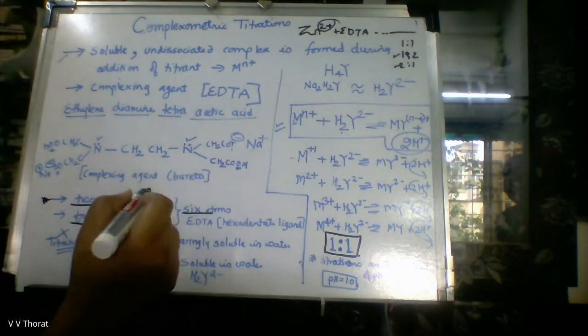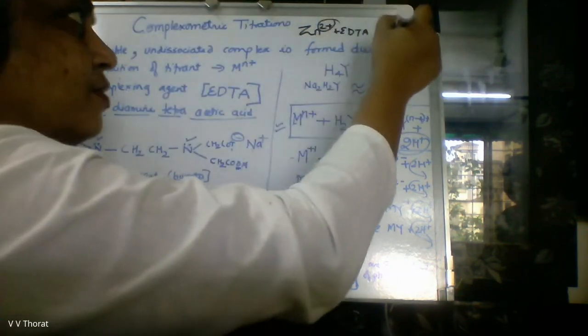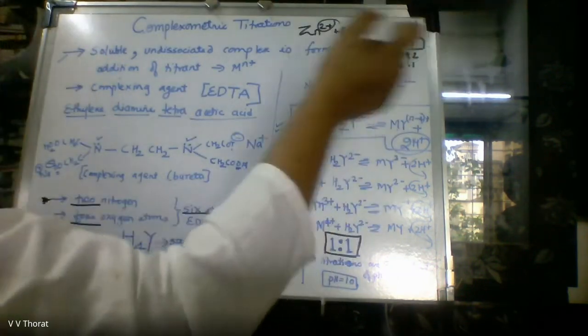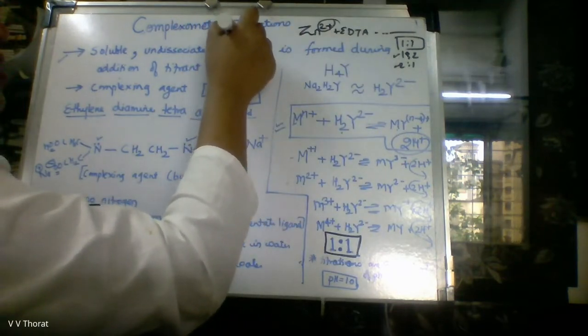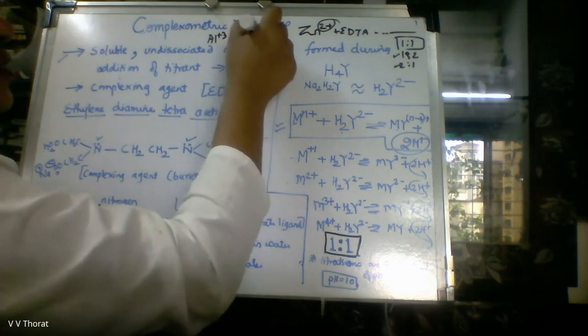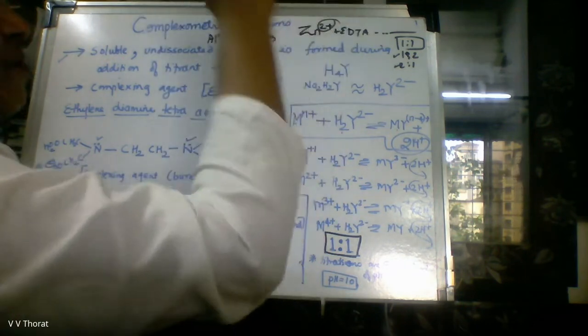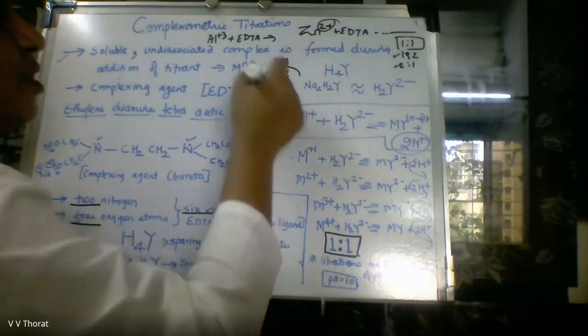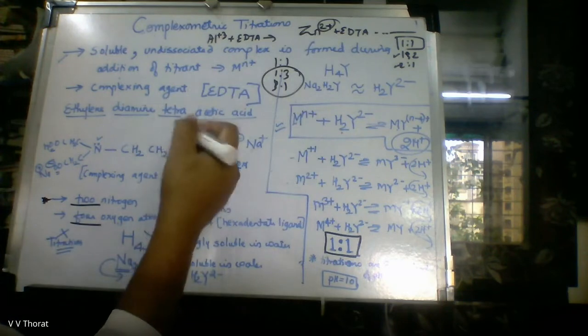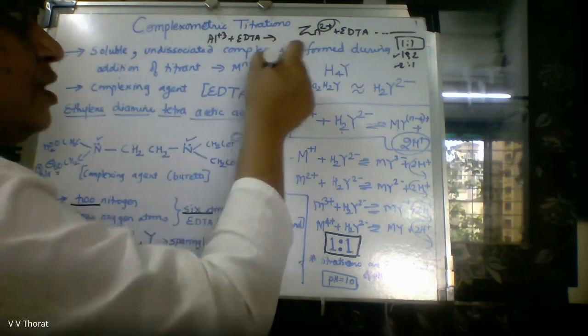Then they will ask query. No, it will react with 1:1. Next year paper. Aluminium will react with EDTA in the ratio of dash. बस इतना पढ़ के इतना सिखा के भी option 1:3, 3:1, any. They will be struggling with this. Simple, it reacts only in the ratio 1:1.